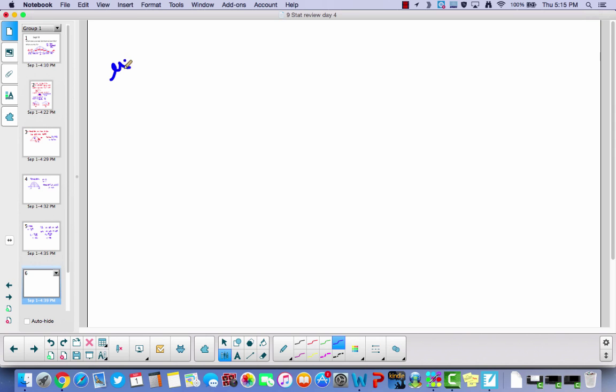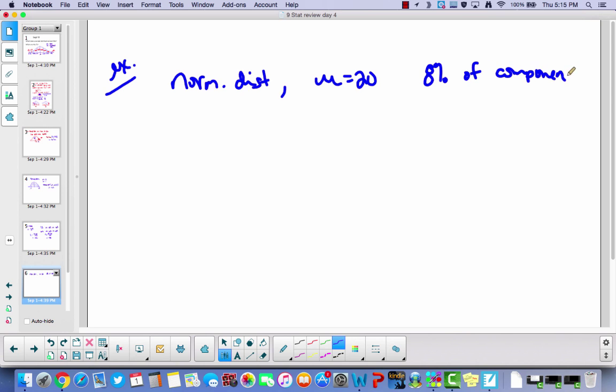So our last example today is we've got a normal distribution with a mean of 20 and 8% of our components have lengths greater than 20.5.